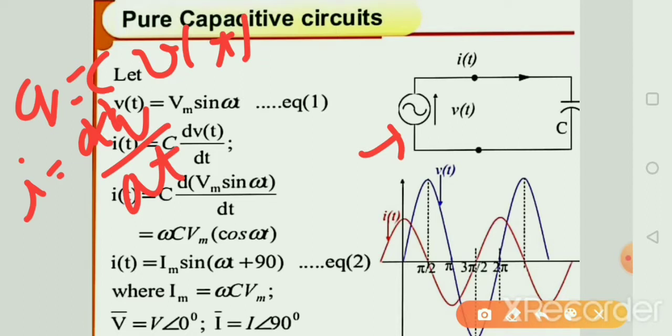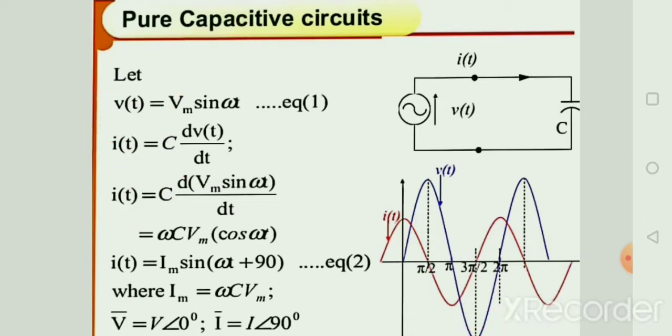In the place of Q, we put C into V. Here C is constant, so I am taking it outside the differentiation. So the differentiation quantity is only V. If we put the value of V, Vm sin omega t, then the differentiation of sin omega t is cos omega t.